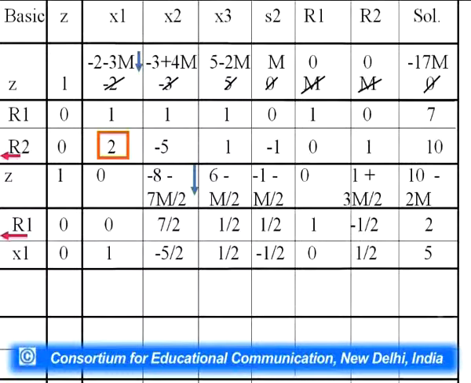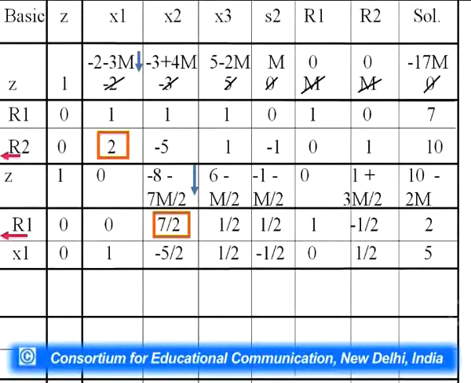Again, it is achieved by theta values. So, that's why we are calling it the pivot row, and the pivot point is 7 by 2. We will divide all the element values by 7 by 2. R1 is the leaving variable, x2 is the entering variable.